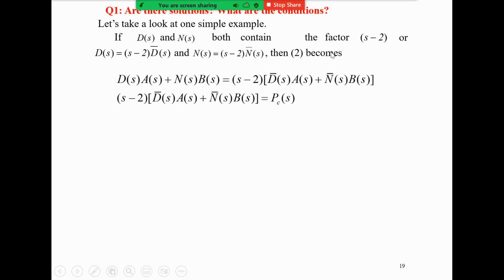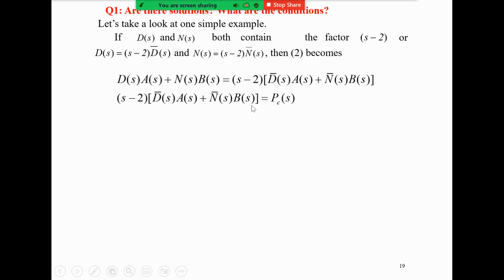Okay, and then let's write down the equation we try to solve: D times A plus N times B. Plug in the expressions of D and N. Both of them have a common factor, so let's take out this common factor. Then this equation becomes this common factor times the bracket D bar A plus N bar B. Now let's look at this equation.